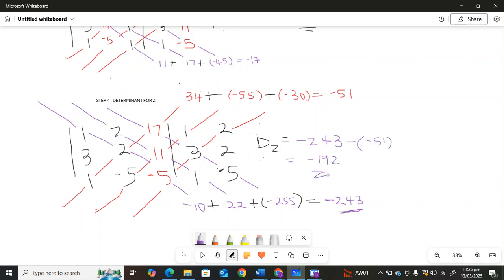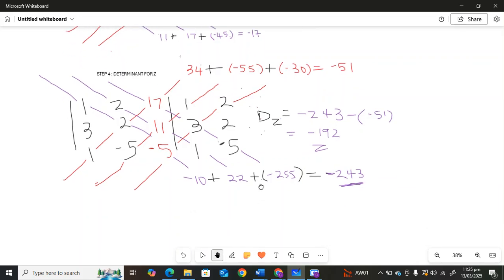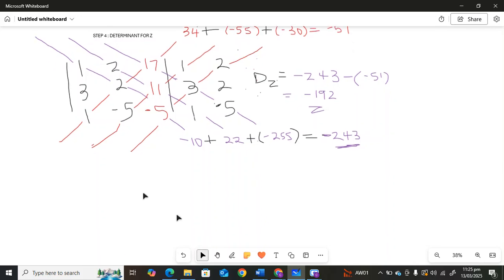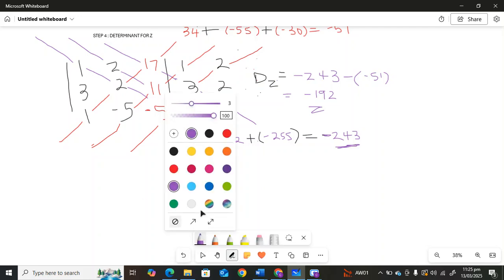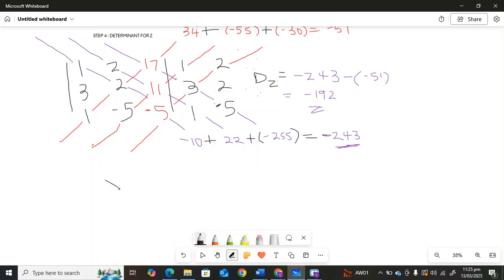Okay. So after you've got all your determinants for x, y, and z, and the overall determinant, you can now find your values. So to get x, is the determinant of x divided by the overall determinant.